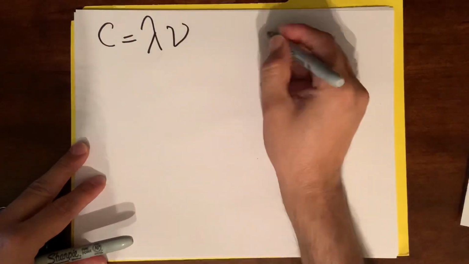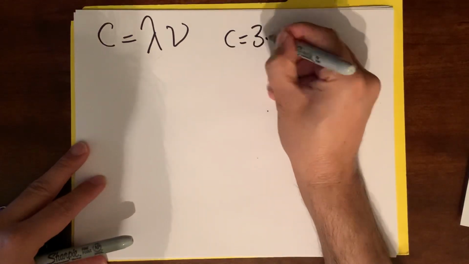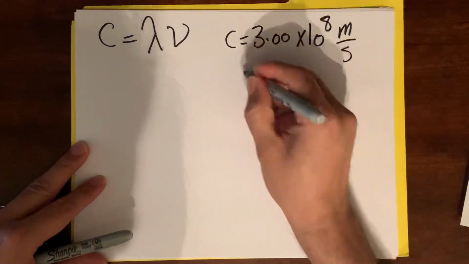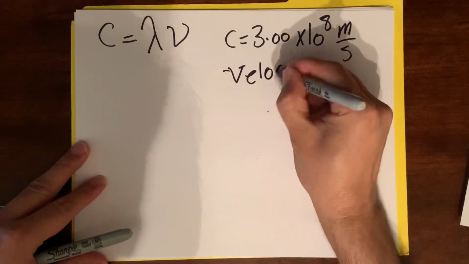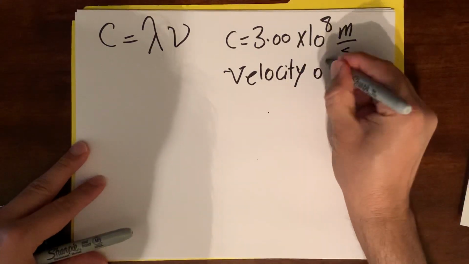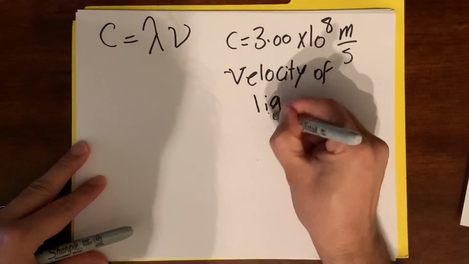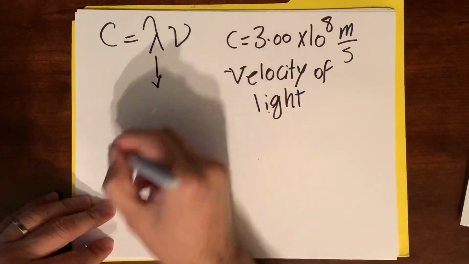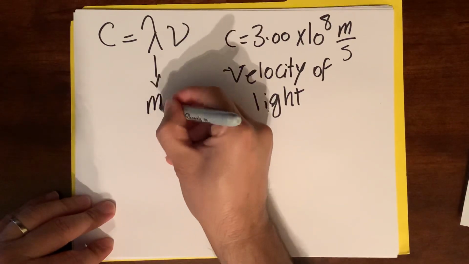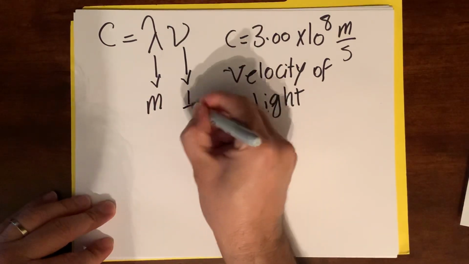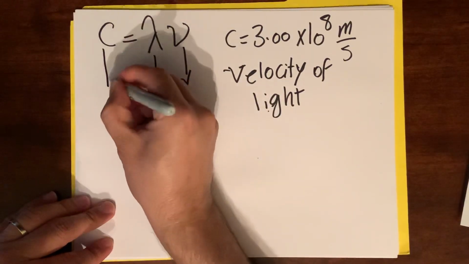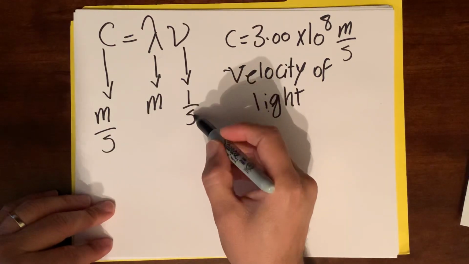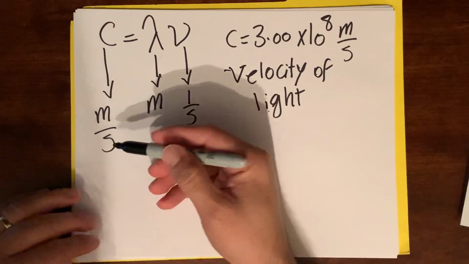C is the velocity of light, and it's equal to this number. We said wavelength has unit of meter, frequency 1/second, and we know C comes with meter over second. So meter multiply 1/second is going to give us meter over second.